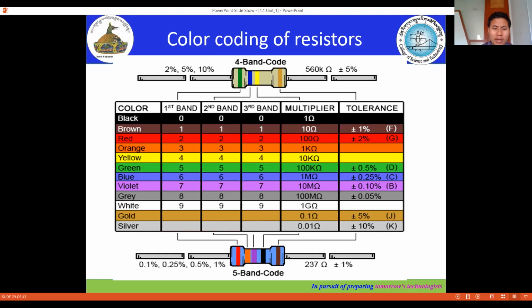That's called the tolerance. For this one, the first band is green, so it is 5. The second one is blue, which is 6. We have 5, 6, and then yellow, which is the multiplier.